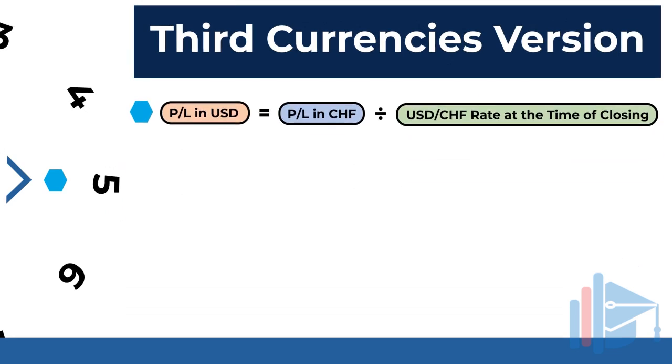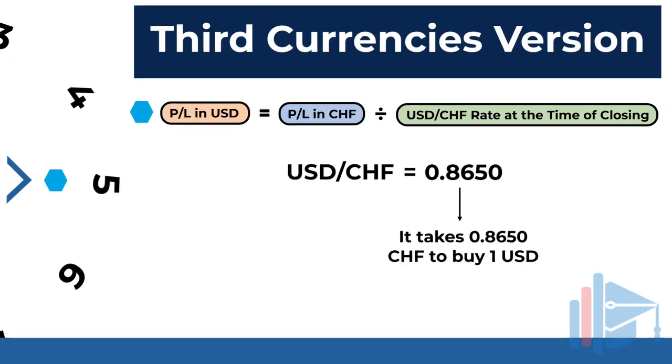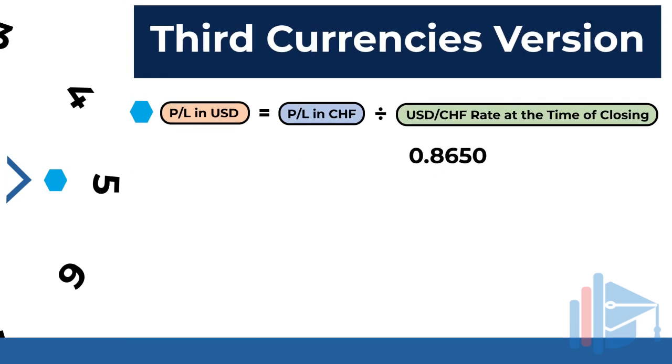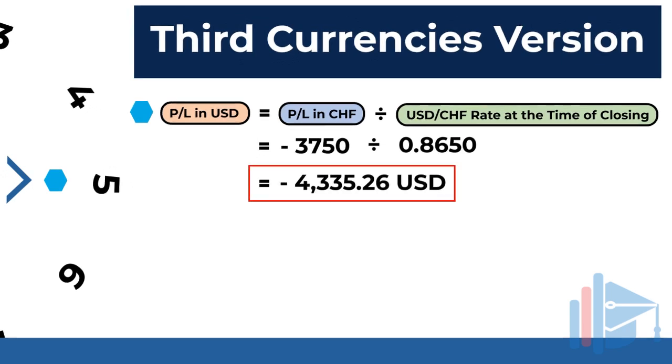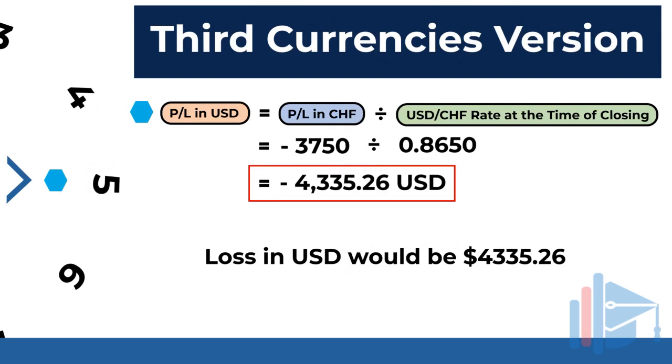For example, if the USD CHF exchange rate is 0.8650 at the time of closing, meaning it takes 0.8650 Swiss francs to buy 1 US dollar, the calculation would be P&L in USD is equal to negative 3,750 divided by 0.8650, which is equal to negative 4,335.26. So, the loss in US dollars would be $4,335.26.